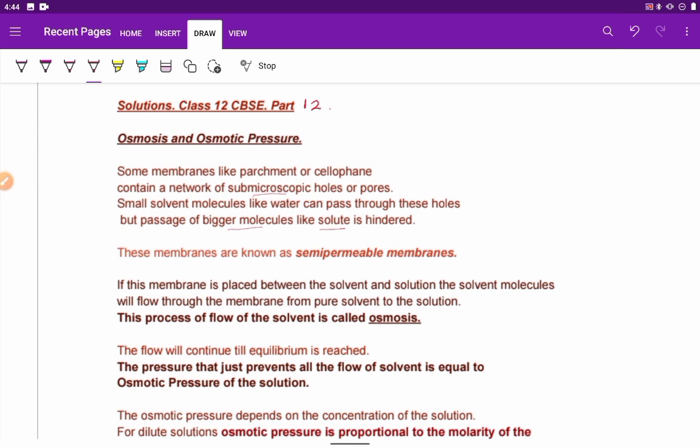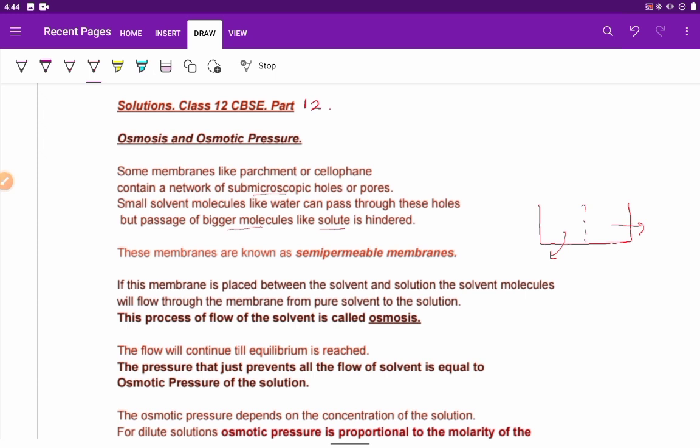If this membrane is placed between the solvent and solution, so in this container, this is the semi-permeable membrane. On one side we take the solvent and on the other side we take the solution.